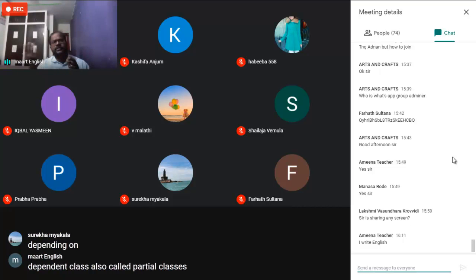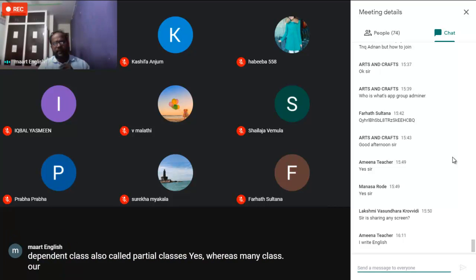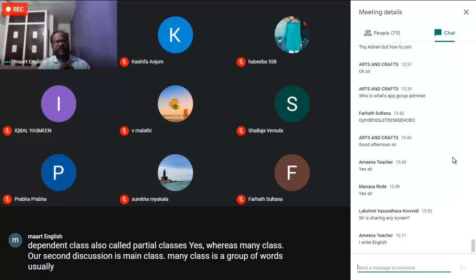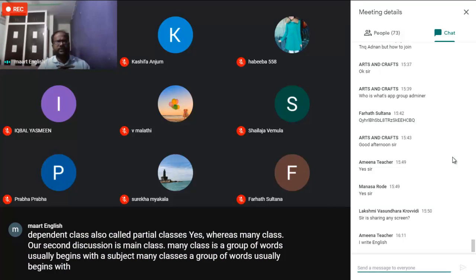Whereas our second discussion is the main clause. A main clause is a group of words, usually beginning with a subject, and gives the complete meaning.